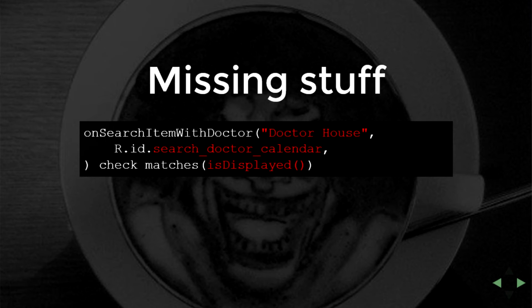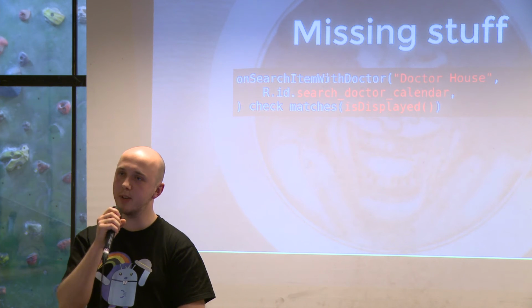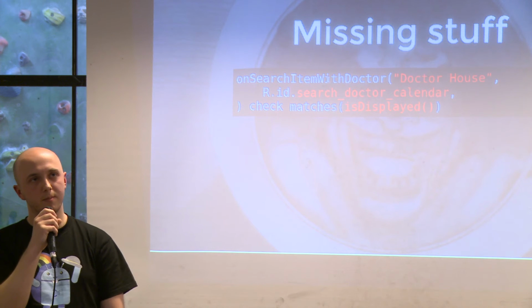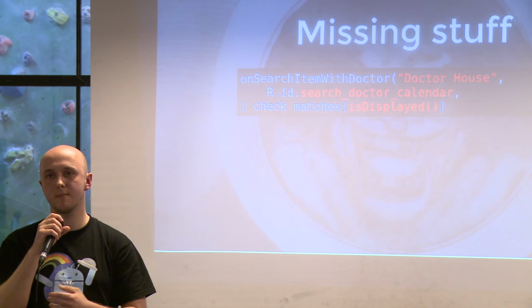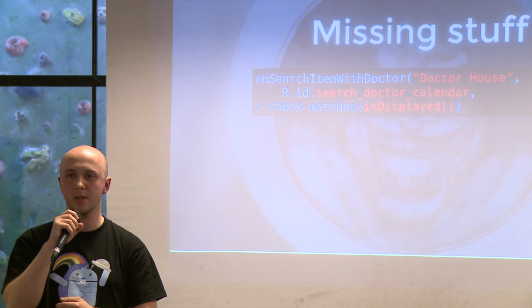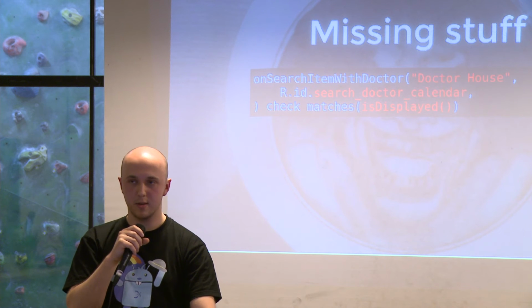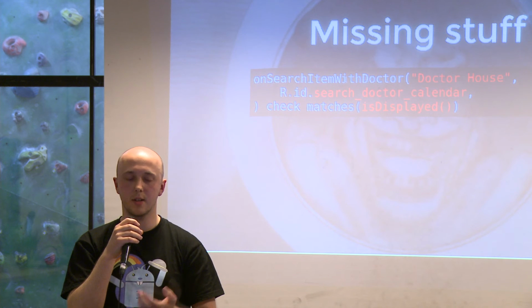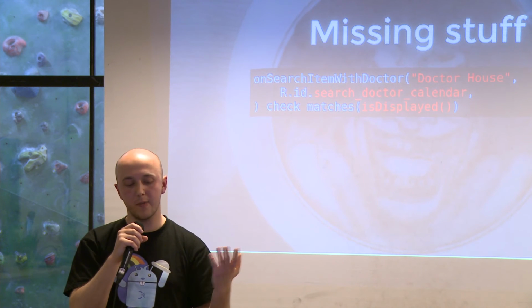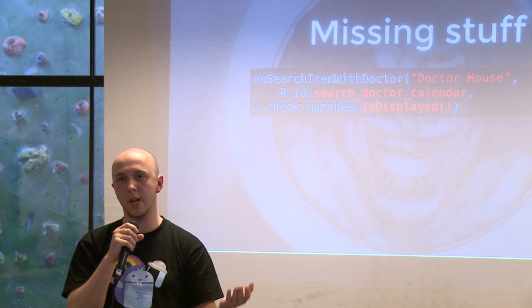And for example, if you start working with recycler views, there is a contrib library for Espresso, but maybe it's missing too many things for me, because if you start doing more complex checks on the items in recycler view, you would have to write code that, if you didn't abstract it, if you didn't make it like 3 lines in this example, that if a view has doctor house in one view, then on the other view with some ID you want to check something.